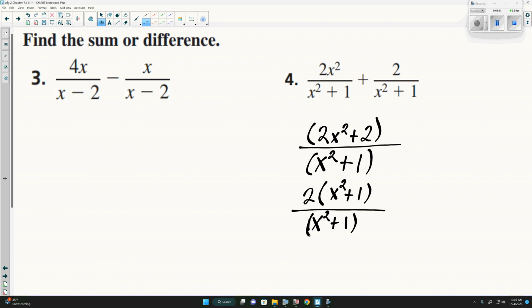Do we have something in common on top and bottom? x squared plus 1 and x squared plus 1, which leaves us with 2. So sometimes what we reduce by won't be just a number, but we can have some variables in common. Questions on this here?